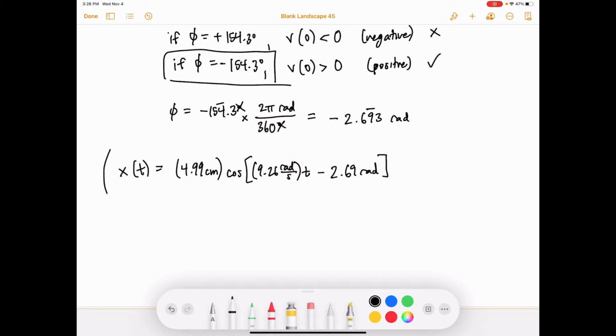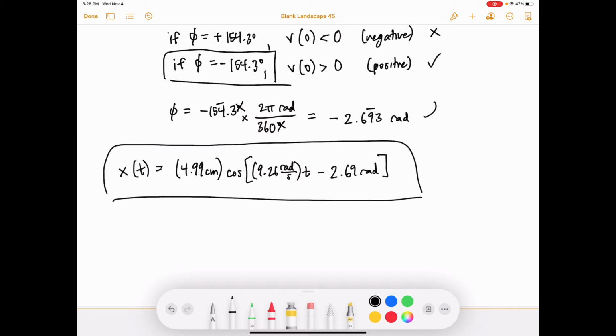So notice if I have radians per second for omega, I'm going to also want to have radians for my phase angle phi, just so the units are consistent. And so this is the solution for this specific case. Plug in any value of t, and the position of your oscillator x is going to pop out. So this describes exactly how the oscillator is moving at any given time.